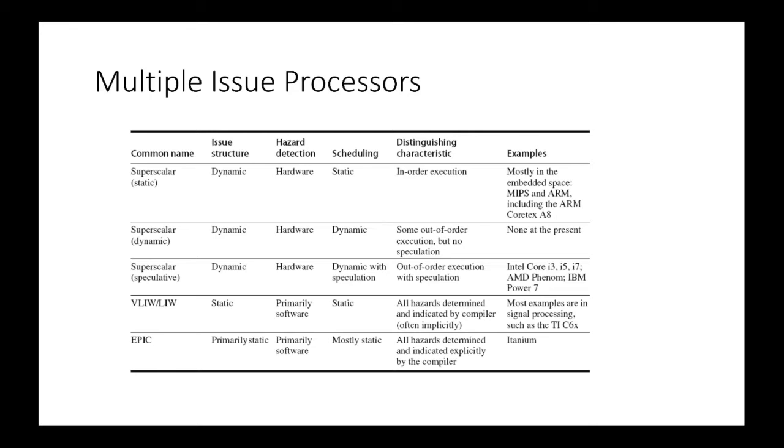Speculative superscalar are most popular among different variants, and they use out-of-order execution with speculation. So most desktop laptop processors are speculative superscalar processors.